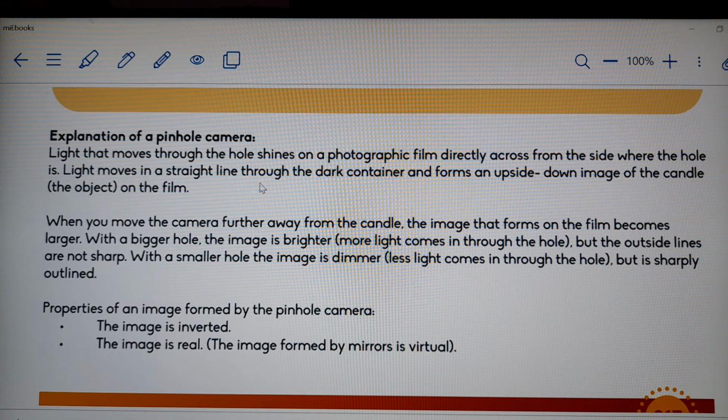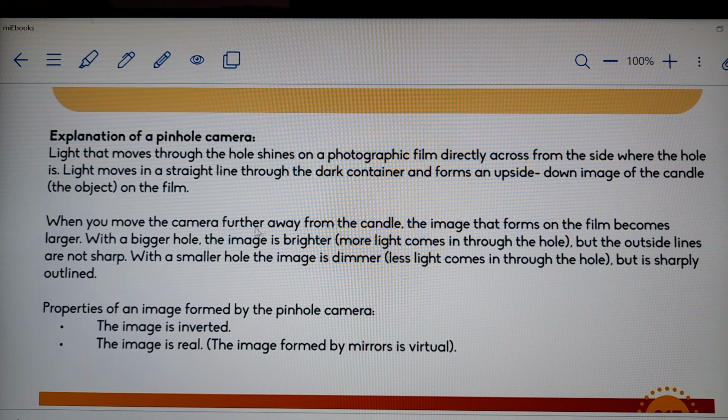Light moves in a straight line through the dark container and forms an upside down image of the candle object on the film, and we see through the different rays of the bottom of the candle and the flame part of the candle. How is the image inverted or turned upside down?